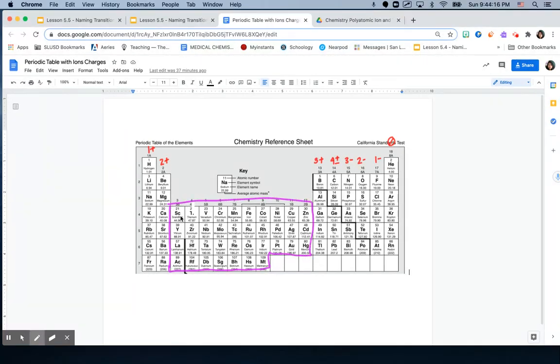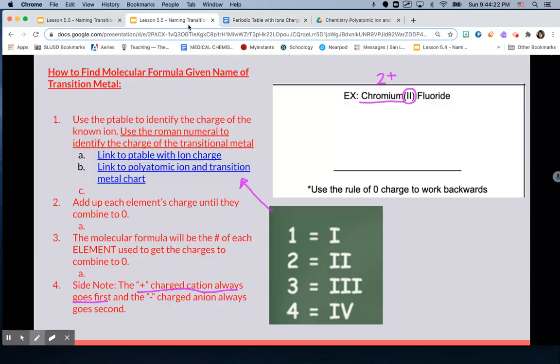So as I scan across, see chromium here, the symbol is Cr. Right, so chromium is going to be Cr. The charge of 2 plus because of the Roman numeral 2.